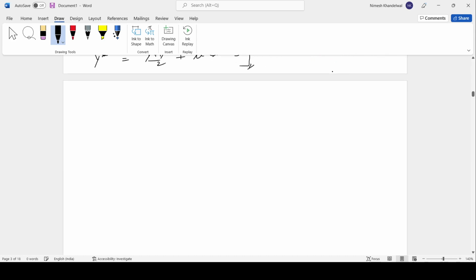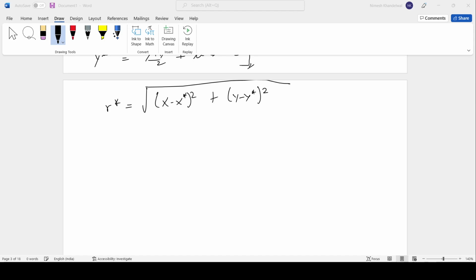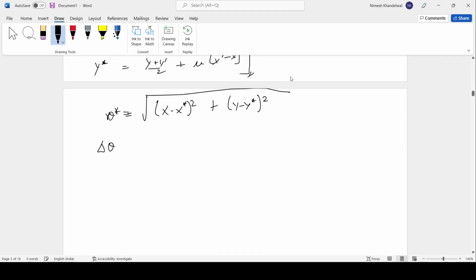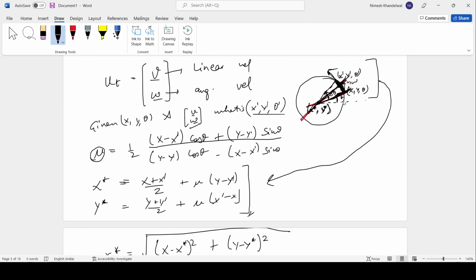What we do is we first find the center, basically the radius of the circle on which we are traveling, because again I said that for small displacement we can assume that we are traveling on a circle. So what is the delta theta above? This delta theta is this complete angle minus theta.